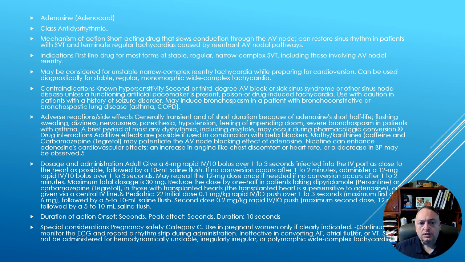Now, sometimes when we have SVT, and those QRSs are so close together, it's really difficult to tell if the rhythm is regular or irregular. And why is that important? We know that if the rhythm is irregular, there's a good chance that it's going to be atrial fibrillation with rapid ventricular response, AFib with RVR.